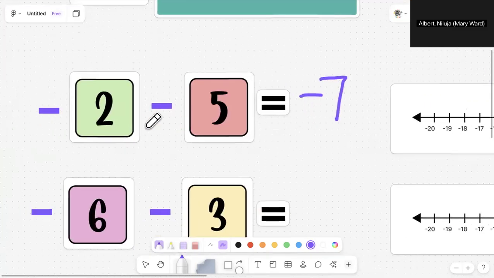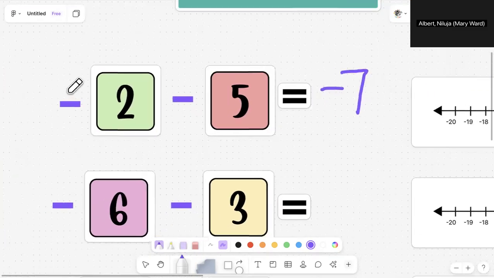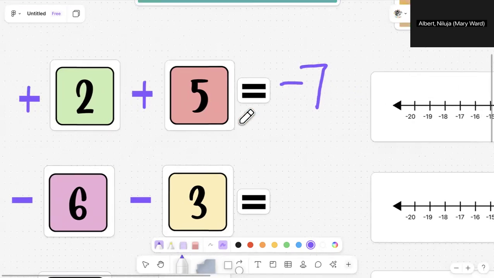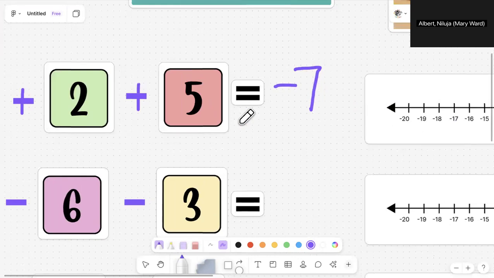Now, if I change this slightly and made the -2 positive and the -5 positive, so now my question would be +2 plus 5, or combining a +2 and a +5, the rule stays the same. I still add the numbers, +2 and +5 would be 7. But keeping the sign the same would turn my answer into a +7.